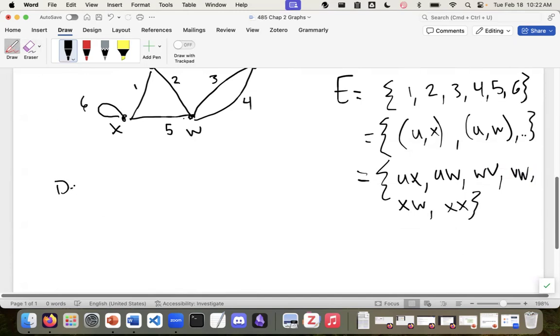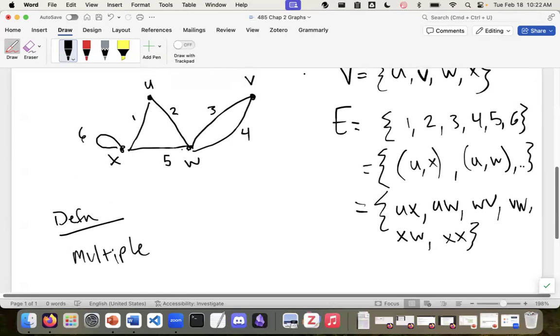Okay, so another definition for you. What we call here a multiple edge between W and V, because there's one edge between W and V, and there's another one.